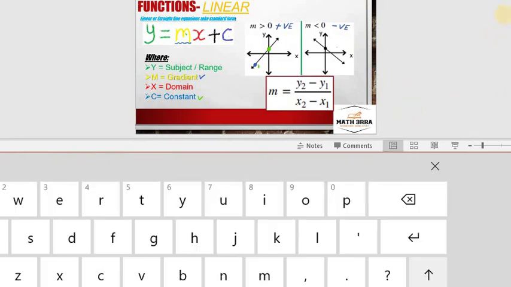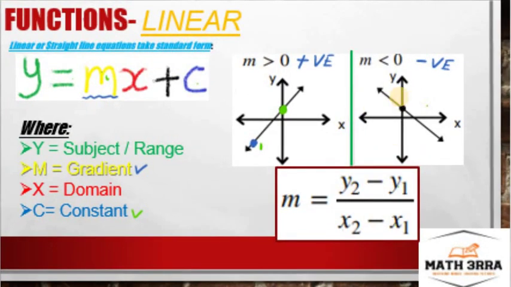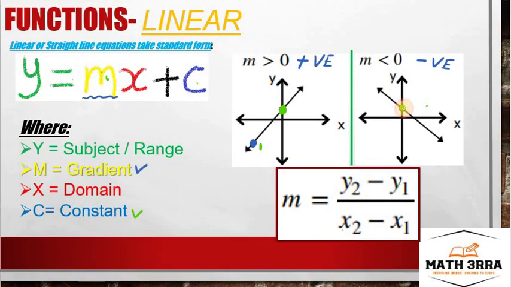It denotes the point where the graph cuts the y-axis, always and forever. So c is always the point where our graph cuts the y-axis in every straight line graph. That is always the case. Clear enough? Hopefully that is.